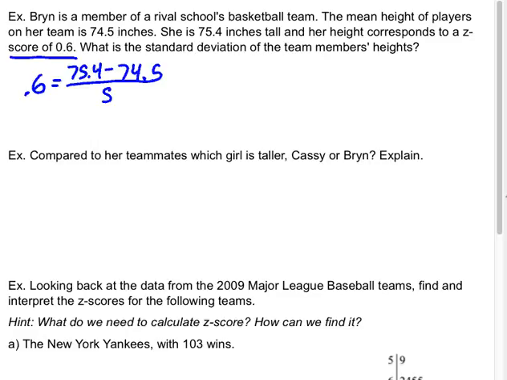All right, so first of all, 75.4 minus 74.5. We can calculate that, and that's going to be 0.9. So 0.6 equals 0.9 divided by S. I can multiply that S over, and now I can divide by the 0.6.